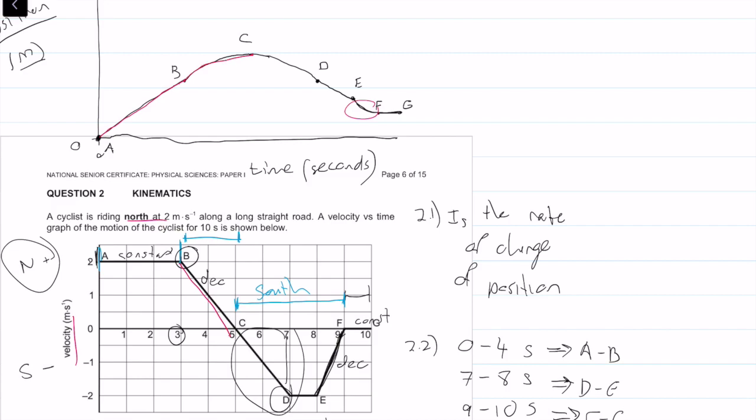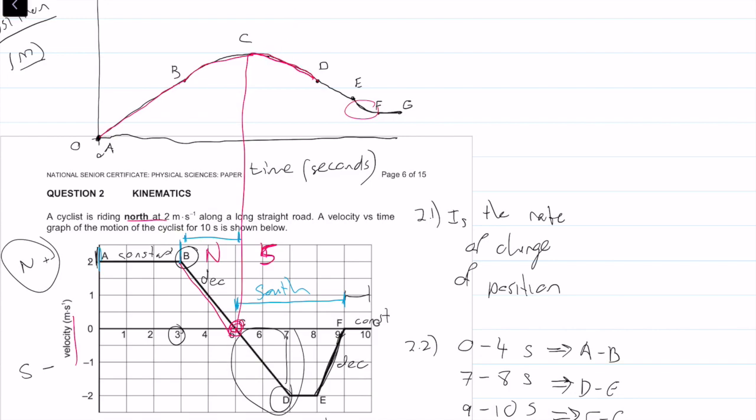Then his change in position starts to increase in the opposite direction, because here he moves from going north. He was going north on the left hand side, on the right hand side he's going south, so we have to change the direction of this graph. So that's why, instead of this continuing like that, it started going downwards.